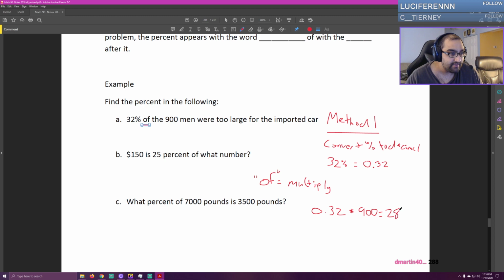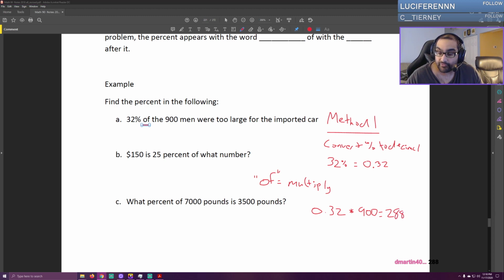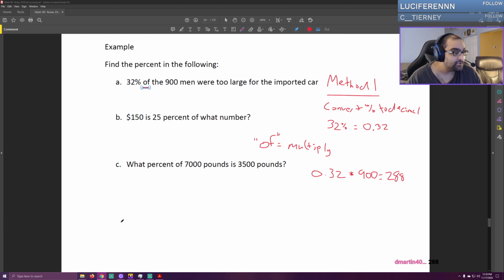Okay, so now we have expectations here. We know what those expectations are. We know that this answer should be 288. So this first method is how we can directly find 288. Perfect. Now let's try method number 2.